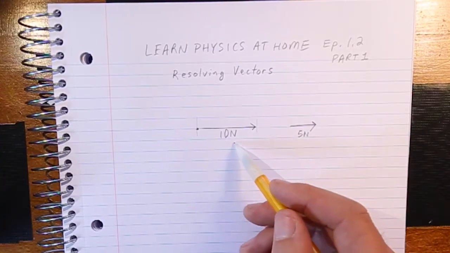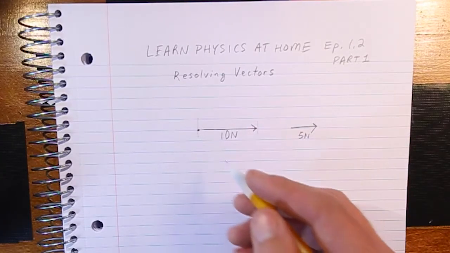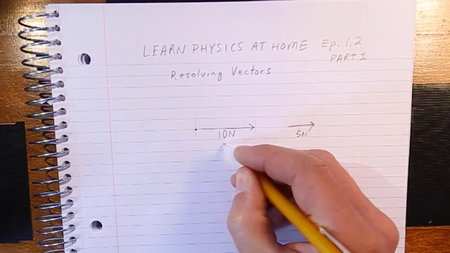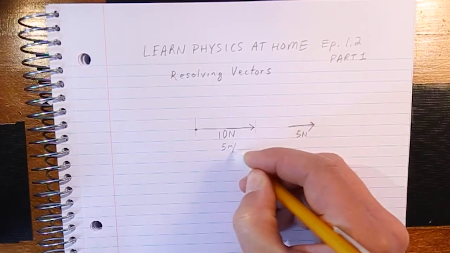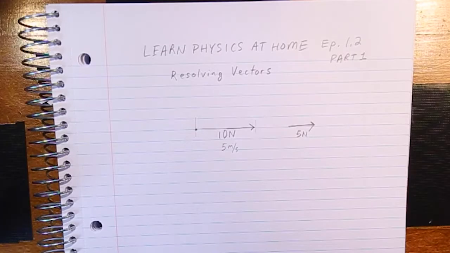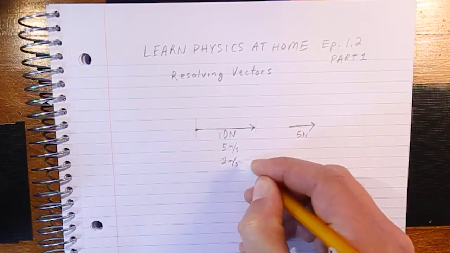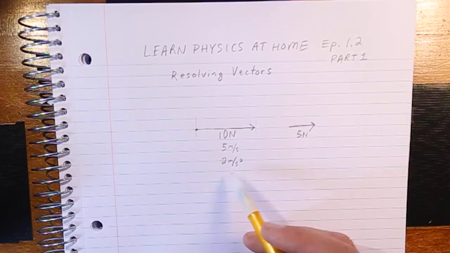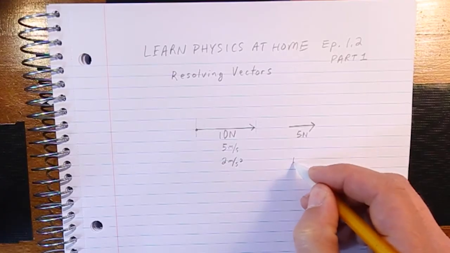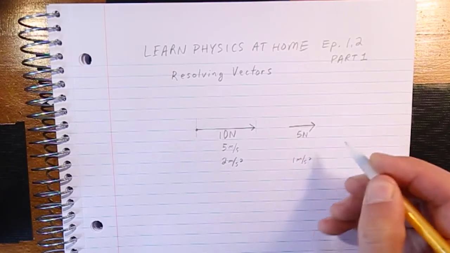This would be force because it's in newtons, but we could say that that's a velocity vector, which would be 5 meters per second. Or it could be acceleration, which is also a vector. We could say 2 meters per second squared. And again, if this was half as much, that would be 1 meter per second squared.